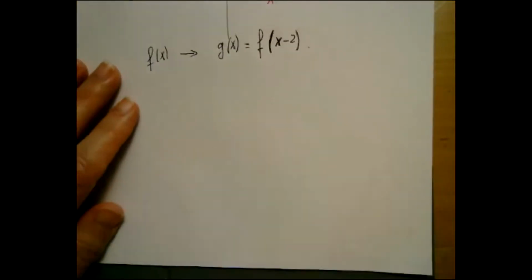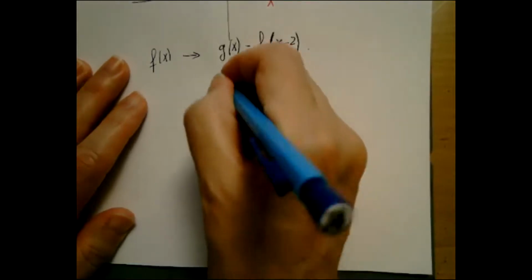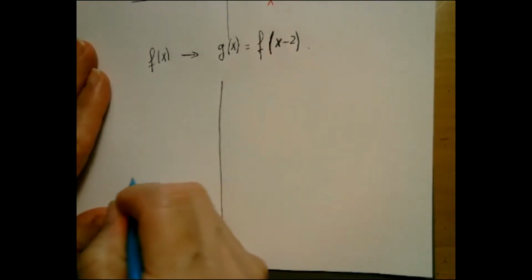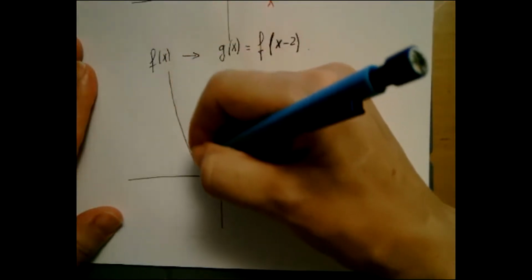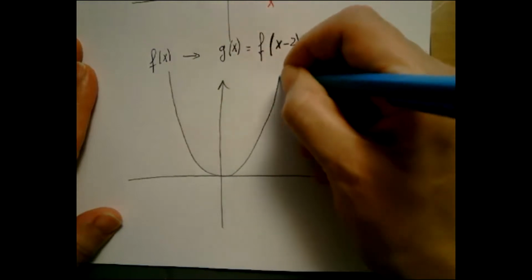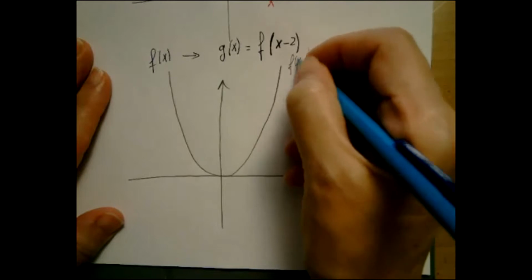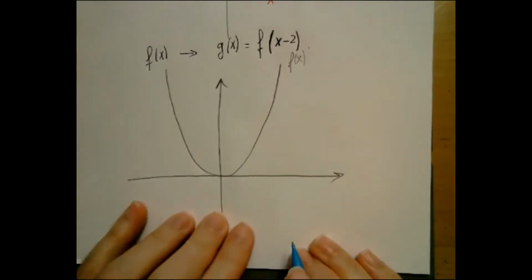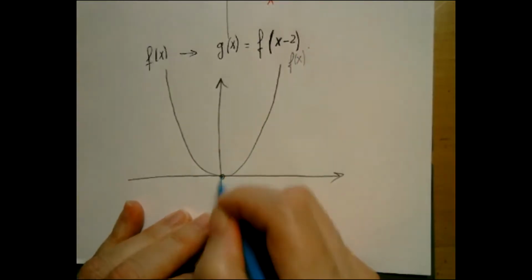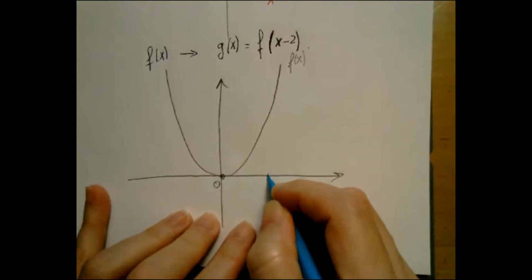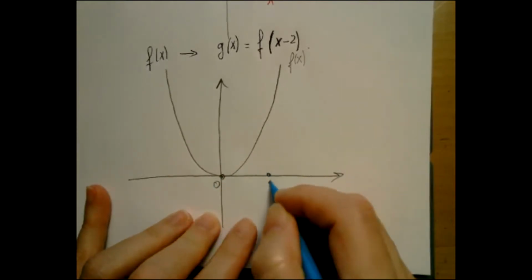Also, very simply, graphically, what is going on? This is the graph of f. Let us say f goes like this. Okay, so this is my f. What does g do? So this is 0. Suppose I take 2 here.